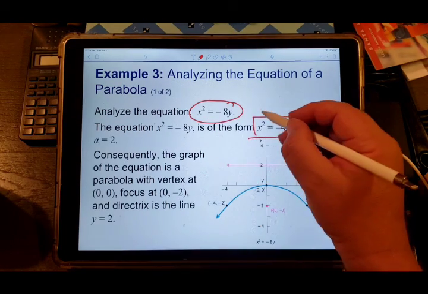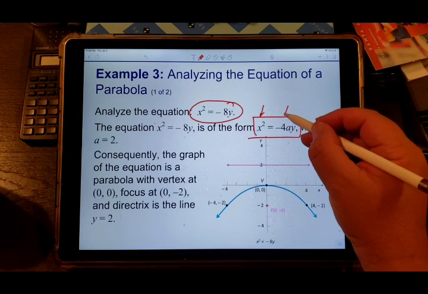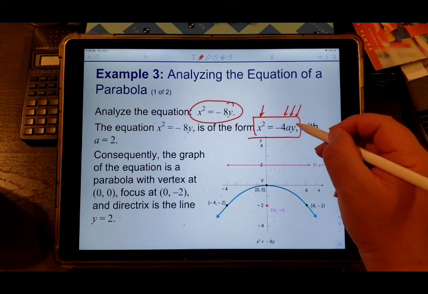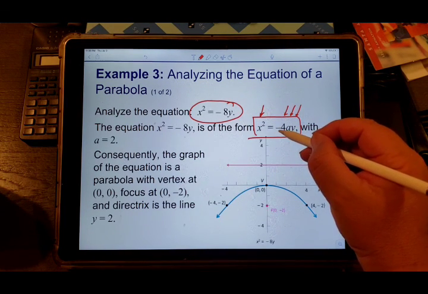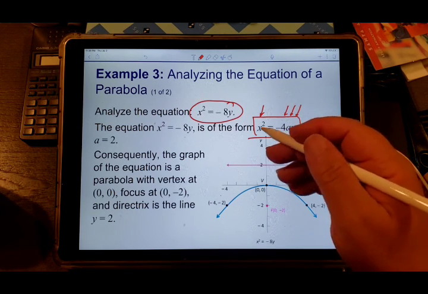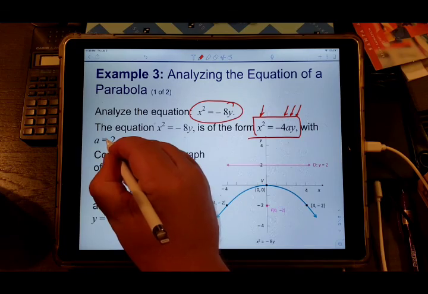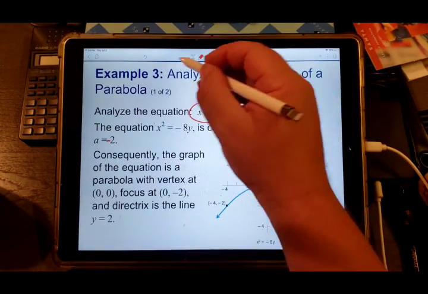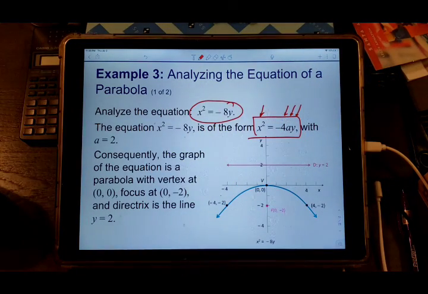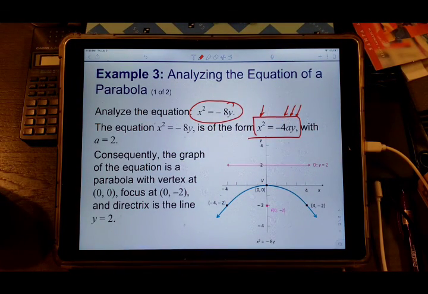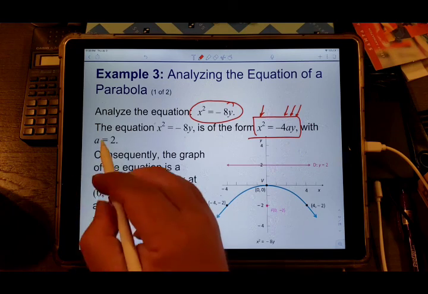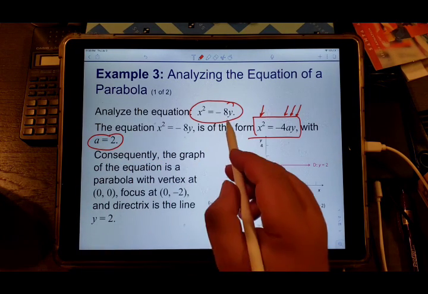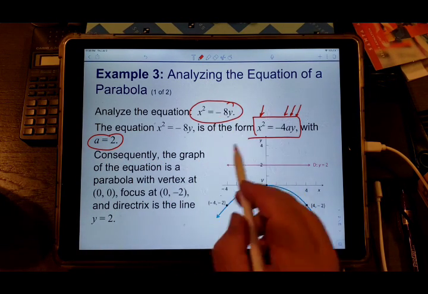In other words, use the formula that starts with an x squared, has a 4, has an a, has the other variable, and the one with a built-in minus sign. All right. Again, personally, I really just want to say a is -2. It doesn't hurt anybody to say that, but again, it's technically a is 2, and we just have a different formula for when it's negative.